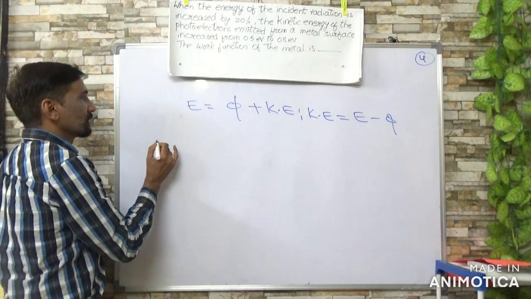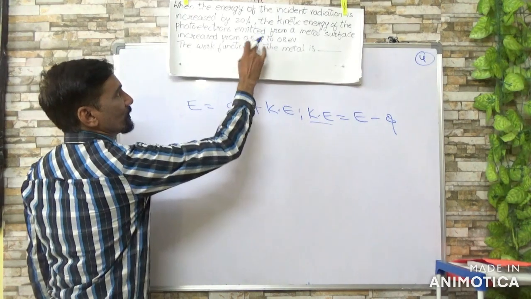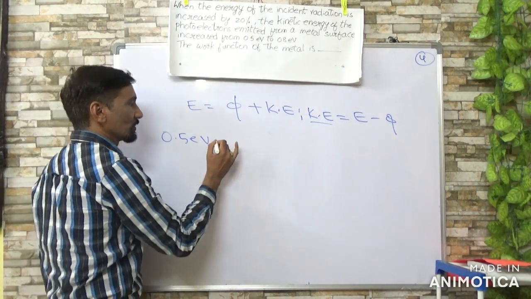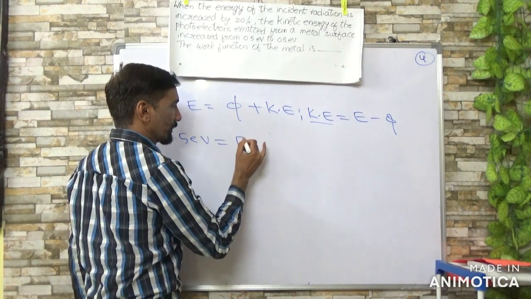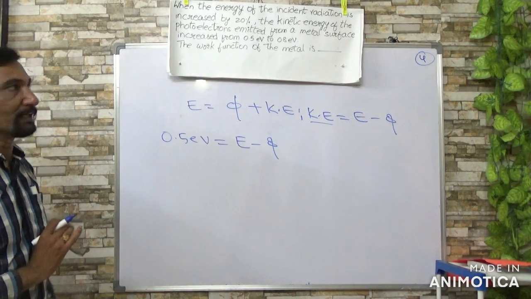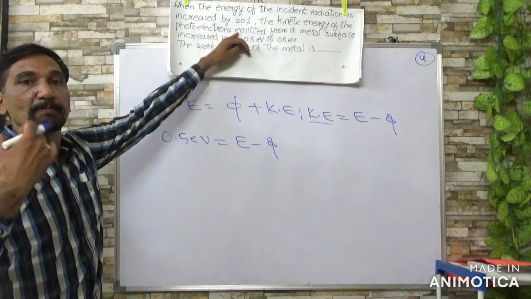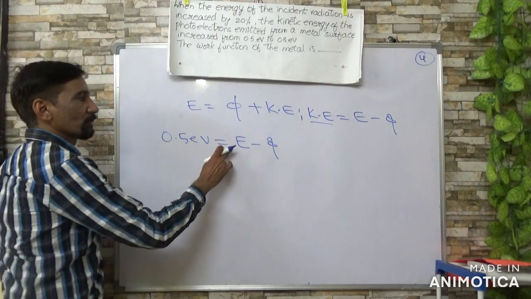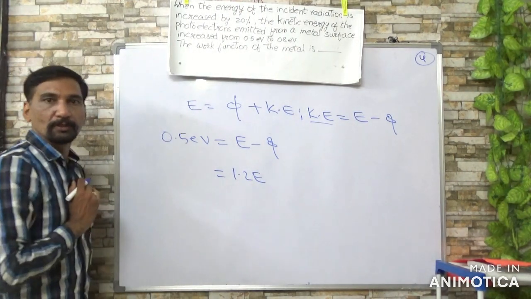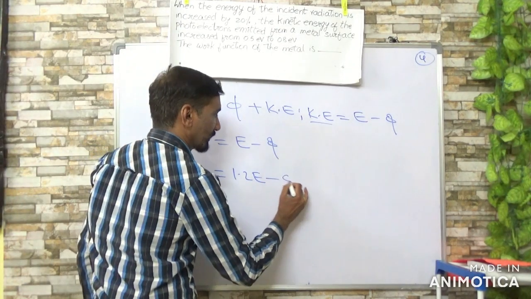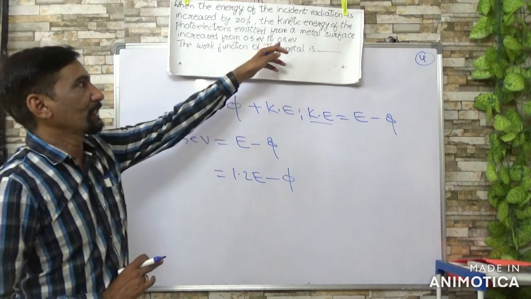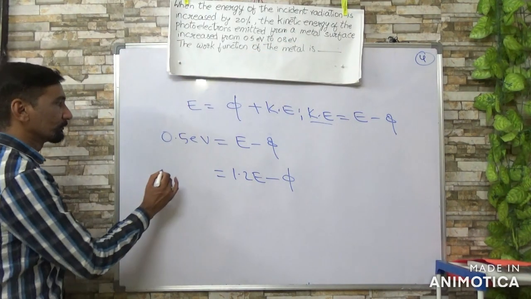In the first case, kinetic energy is 0.5 eV, which is equal to incident energy minus work function. In the second case, they are saying energy increases by 20%, means 1.2 times total energy. Same metal, so no change in the work function. In such a case, kinetic energy is 0.8 eV.